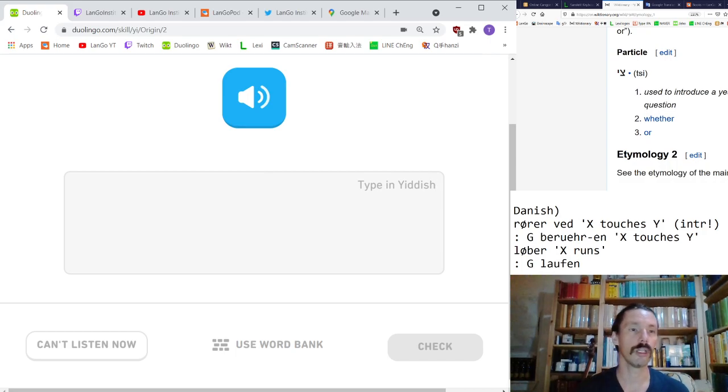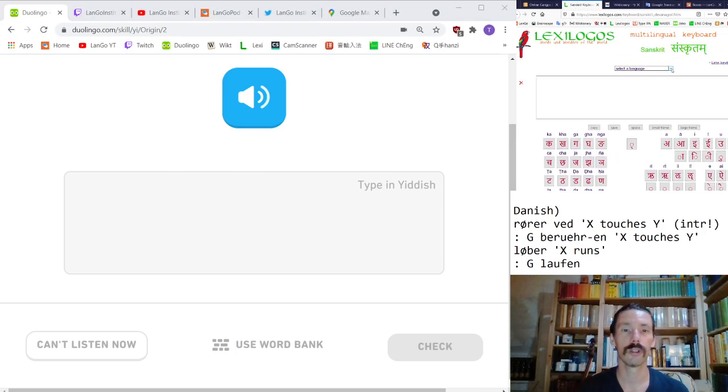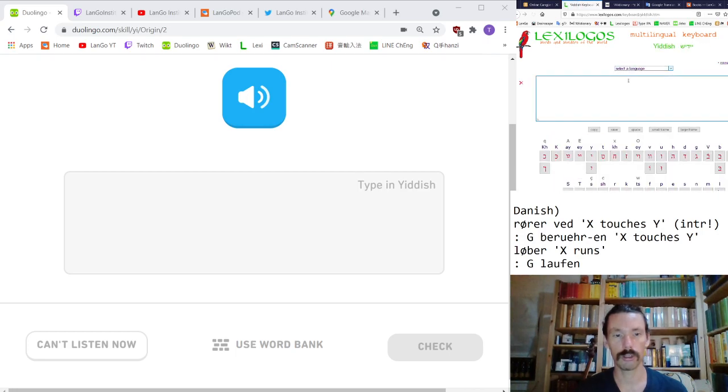Okay, I need to get my Yiddish keyboard. Lexilogos. Y for Yiddish. Not Yoruba today, but Yiddish. Okay, we got there. Wen kommt Wenn. When. V-E-N. Kimt. It's going to be K-U-M-T. So Vav. Kimt er.